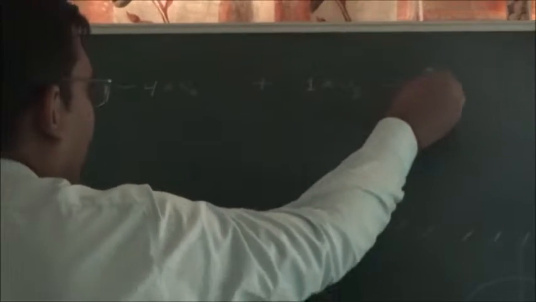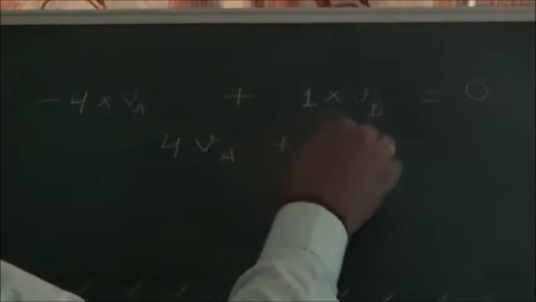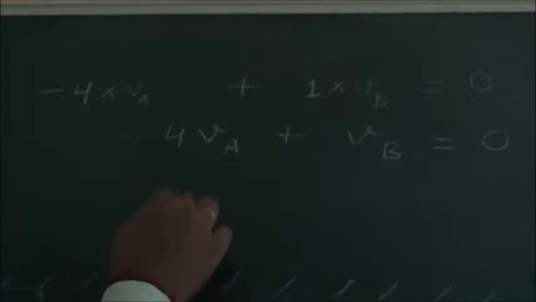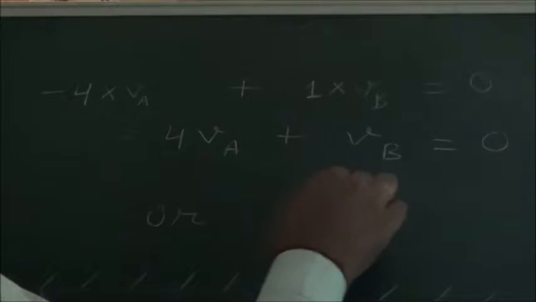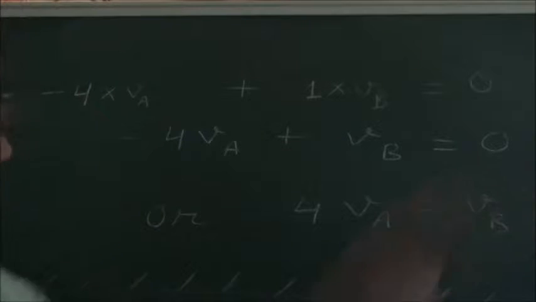Now apply the signs. Here the velocity and tension are in opposite directions, so the sign will be negative here. Here velocity and tension are in the same direction, so the sign will be positive here. Now equate it to 0. It becomes minus 4 VA plus VB equals 0, or 4 VA equals VB.